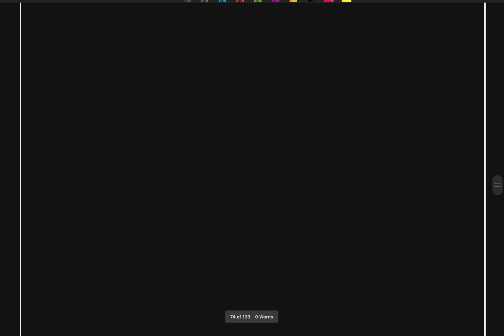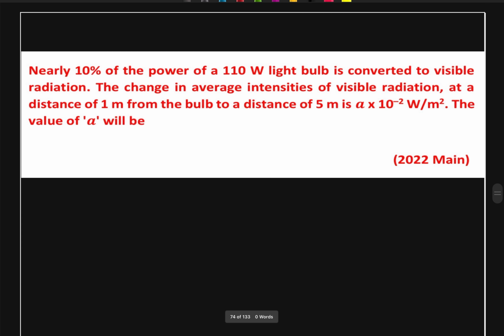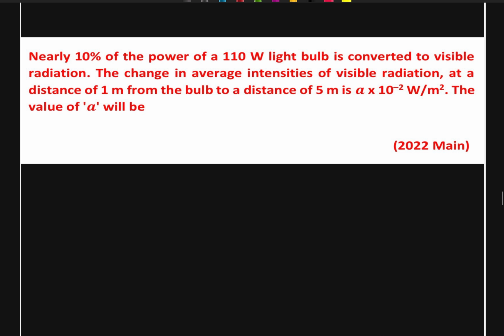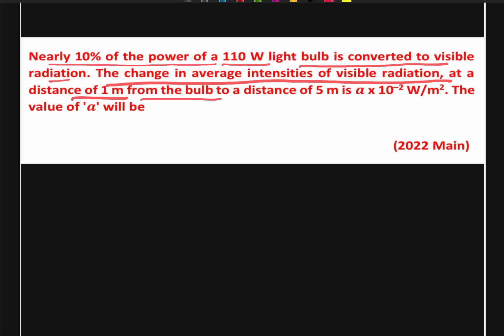Next question. We are given that nearly 10% of the power of a 110 watt light bulb is converted to visible radiation. The change in the average intensity of visible radiation at a distance of 1 meter from the bulb to a distance of 5 meter is A times 10 to the power minus 2. The value of A is.